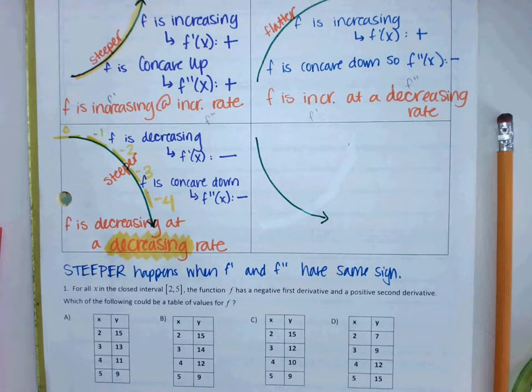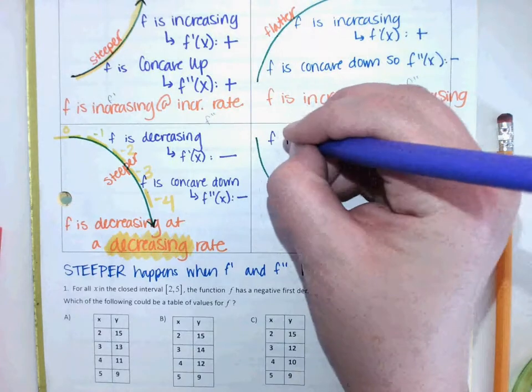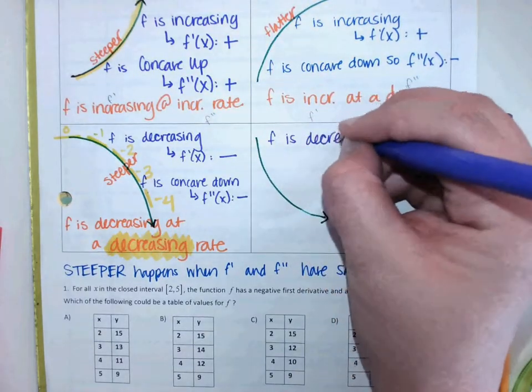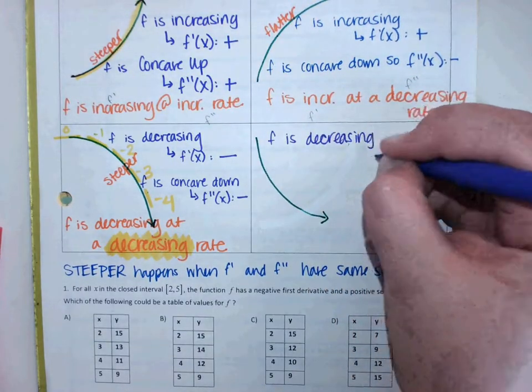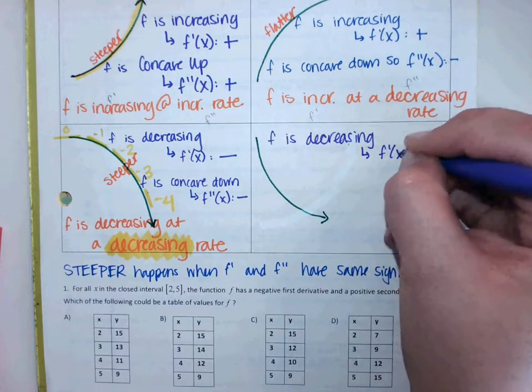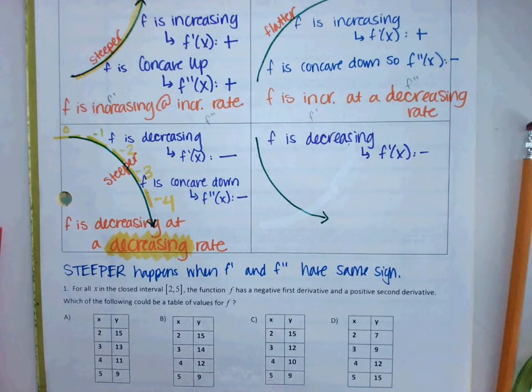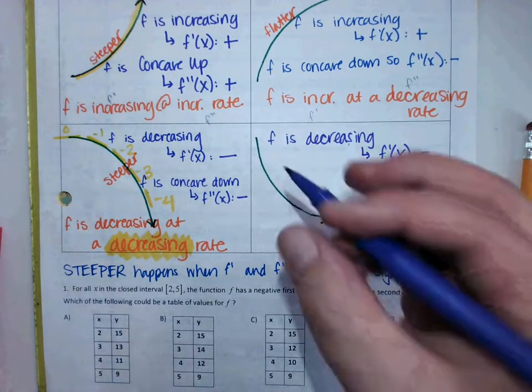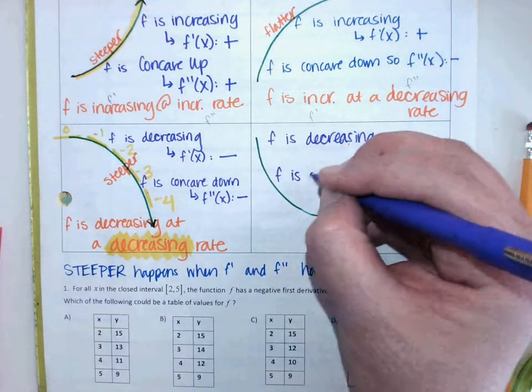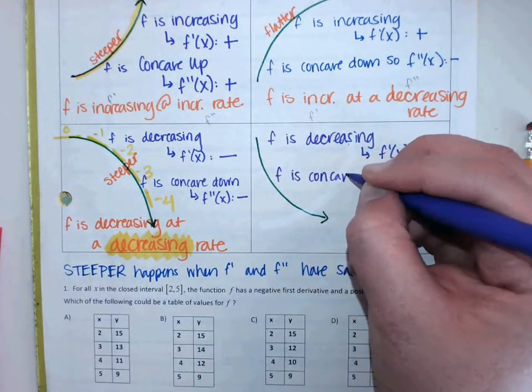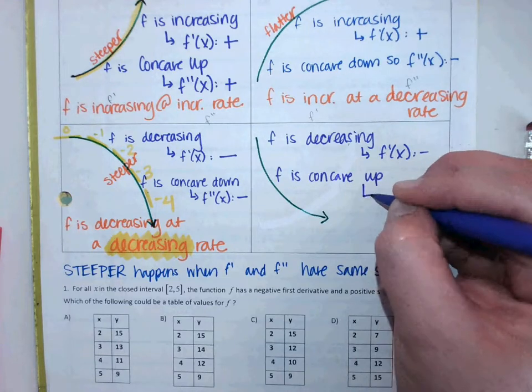Okay, look at the next graph. Increasing or decreasing? Okay, F is decreasing. What does that tell me about F prime? Okay, it's negative. What do we know about the concavity? Okay, it's concave up. What does that tell us about the second derivative?